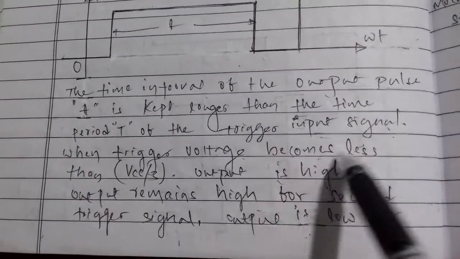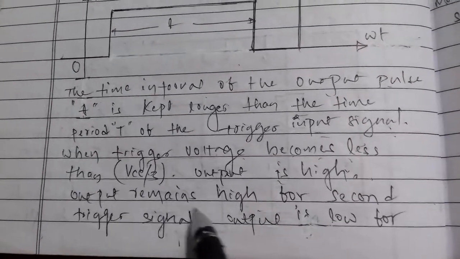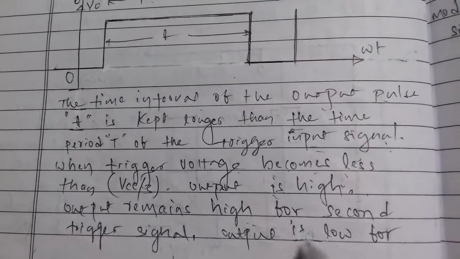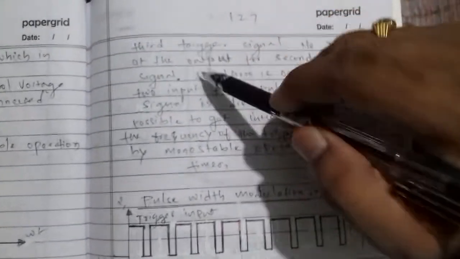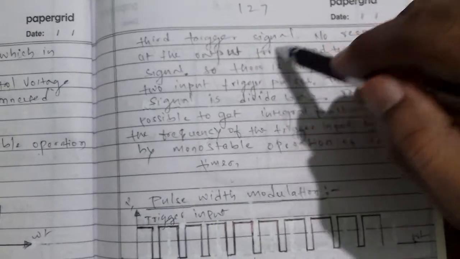When the trigger voltage becomes less than VCC upon pin 2, the output is high. The output remains high for the second trigger signal. The output is low for the third trigger signal.